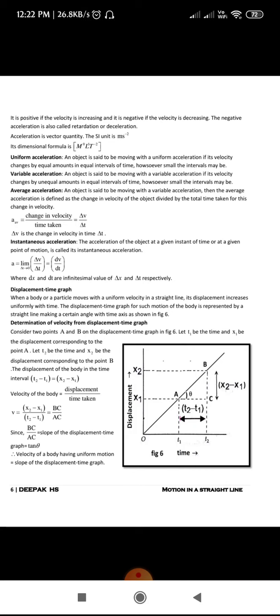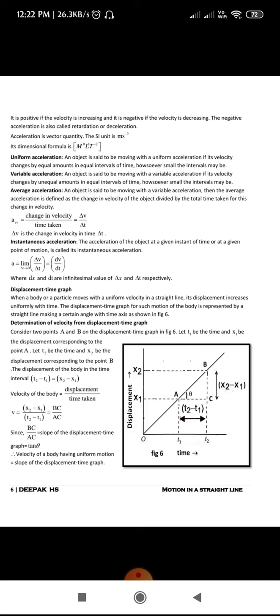So we call it variable acceleration where the acceleration is varying. Where the magnitude of velocity changes in unequal amounts in equal intervals of time, it is called variable acceleration.